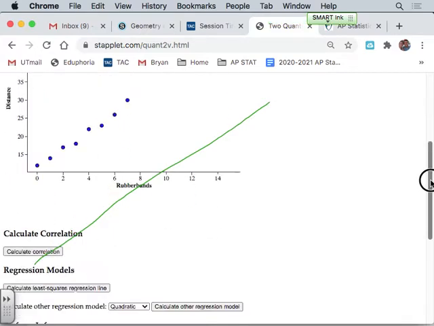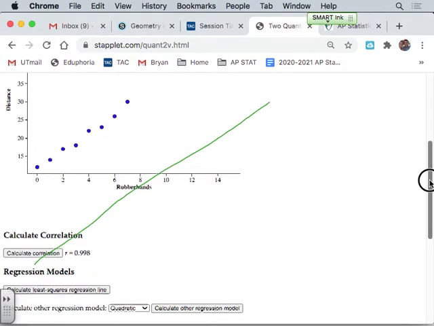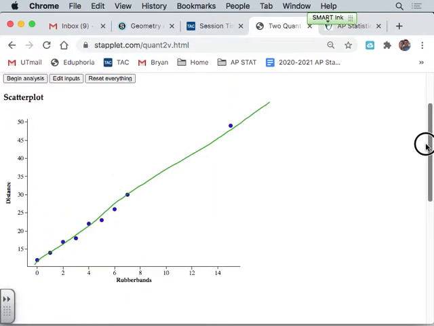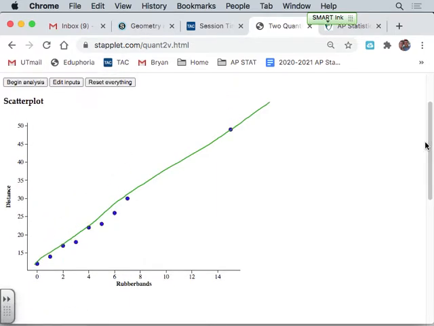Which, yeah, I guess you could calculate 0.998. Yeah, it actually made it stronger. So we went from 0.992 to 0.998. It actually increased.